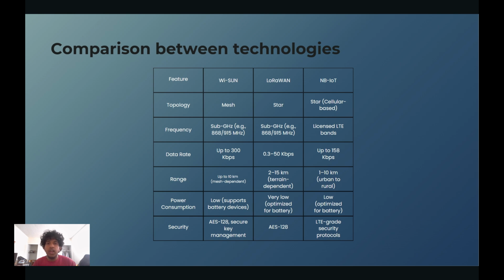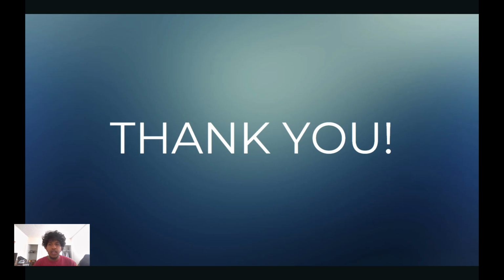We also have very low power consumption because the transport layer and the network layer are optimized. And for security, we have AES 128, which is a very strong protocol to ensure confidentiality and integrity. And that's it about WiSUN.